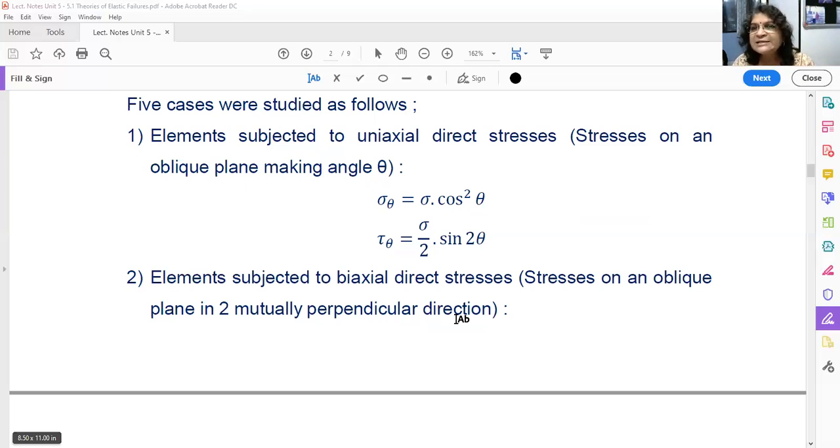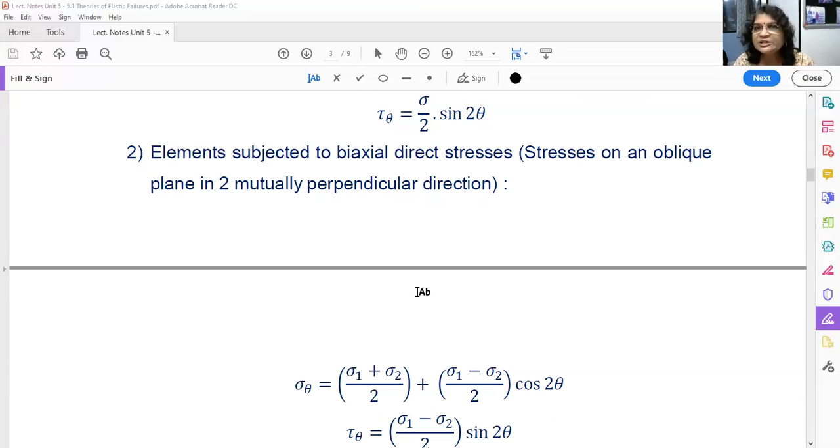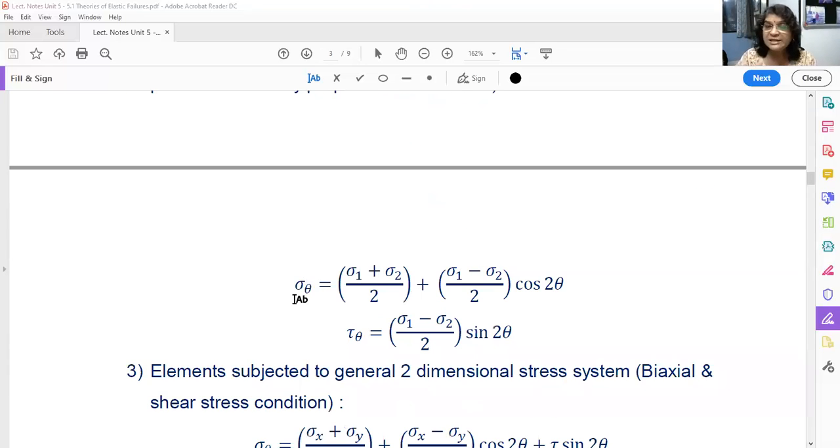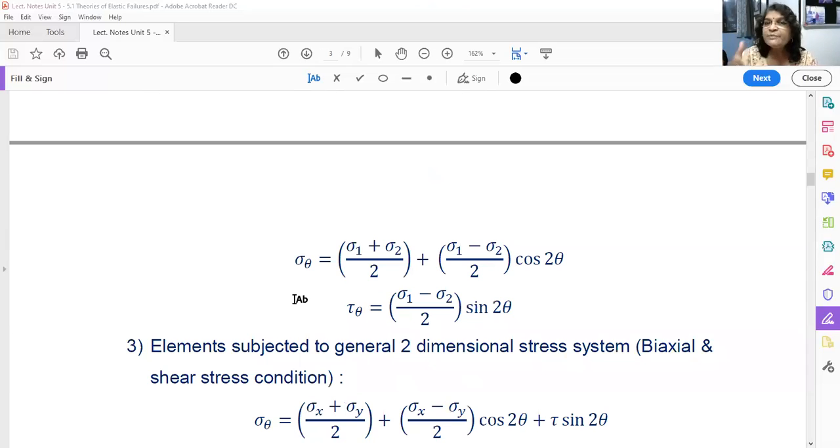If the stresses acting are biaxial, how do we find the stresses on any inclined plane making angle theta with the vertical axis? Sigma theta is equal to sigma 1 plus sigma 2 by 2, plus sigma 1 minus sigma 2 by 2 into cos 2 theta, and shear stress tau theta is equal to sigma 1 minus sigma 2 by 2 into sin 2 theta. I hope you have already learned this. If not, we don't require it, but I thought it necessary to revise this portion.